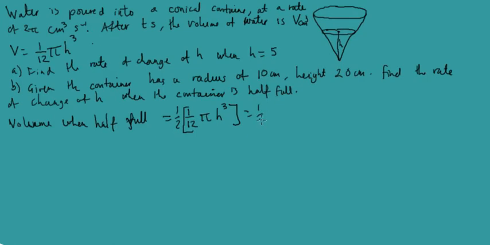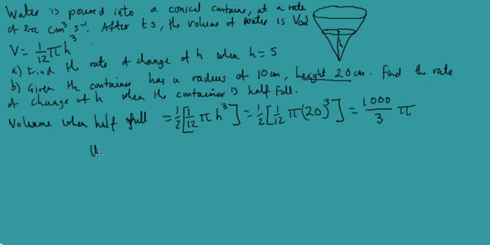Now h is the height which we are given. The height of the cone is 20 centimeters, so it's going to be 20 cubed. And working all that, we'll get 1000 over 3 pi.